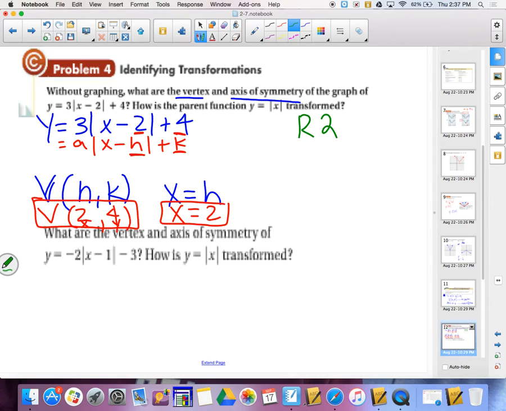Stretch it by 3, because if a is greater than 1, it is a stretch. Then what do I do? Go up 4. So those would be my transformations. Right 2, stretch it by 3, up 4.